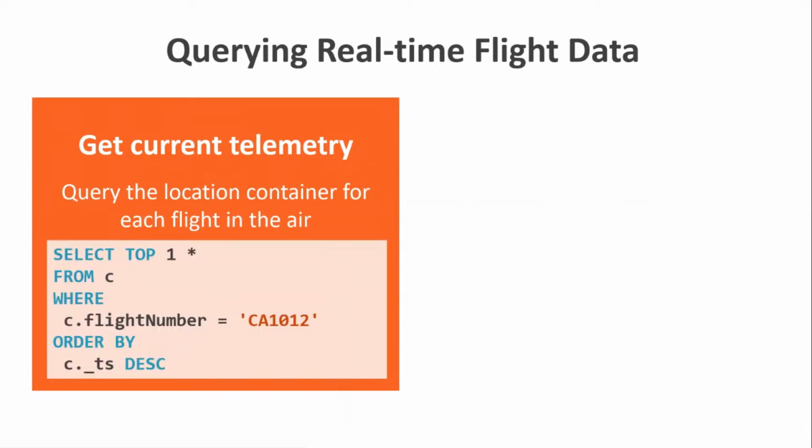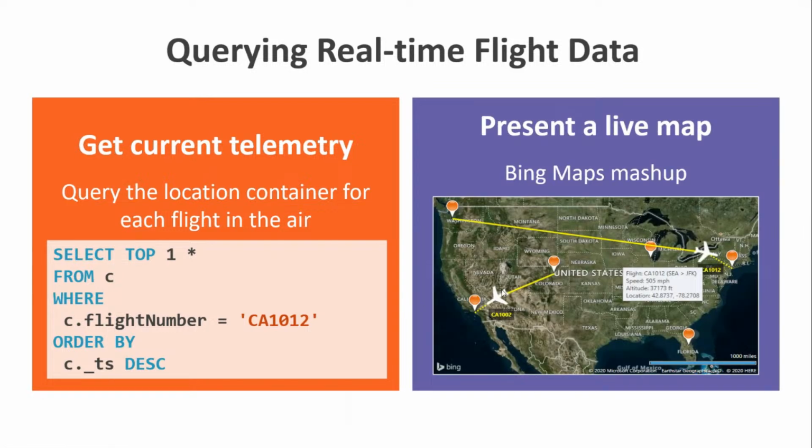How could we track the planes in the air? Well, we're running this top one query against our location container because there's a timestamp property that if you order by descending and you do a top one, you're going to get the latest document, which is the plane's current location. And that makes it possible, I didn't show you the tooltips, but I'll show them to you in a moment. As you hover the plane, you get the live updated information, by running this query consistently, constantly.